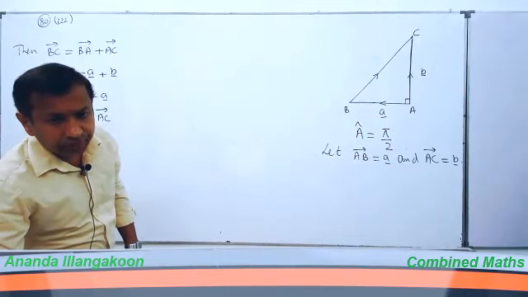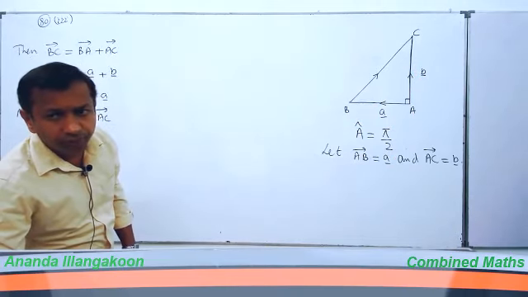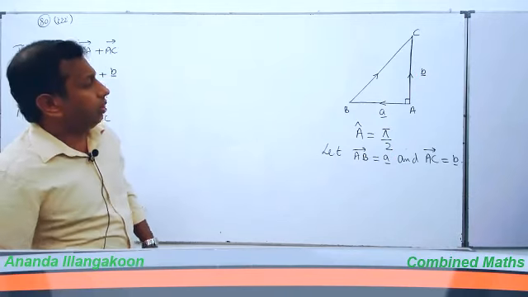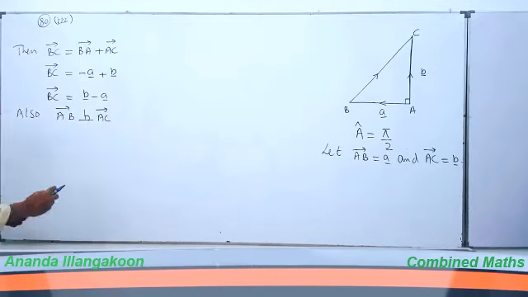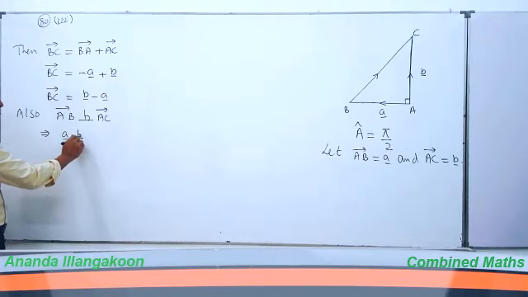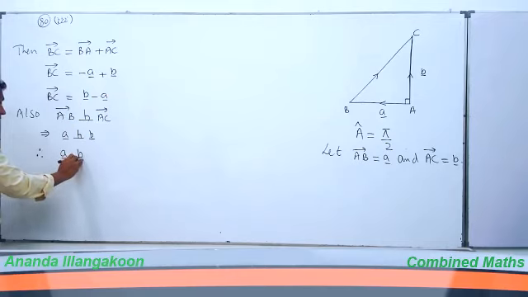The two vectors AB and AC are perpendicular. That means vector a is perpendicular to vector b. Therefore, a dot b equals 0. Understood? a dot b is equal to 0.